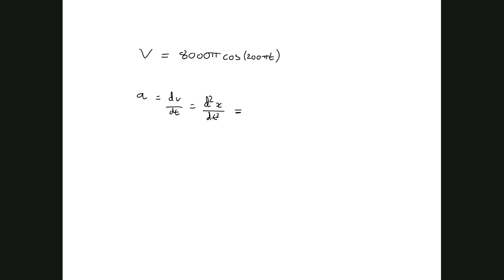Okay, so 200 times 8,000 is 16 and 5 zeros, which is 1.6 million pi.